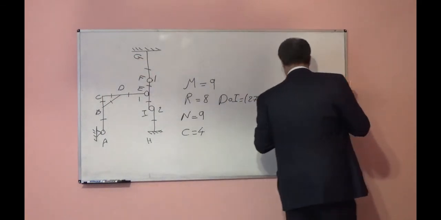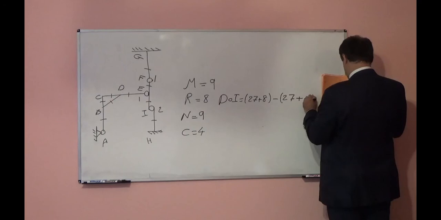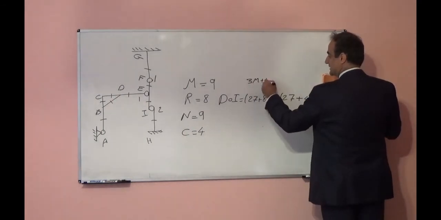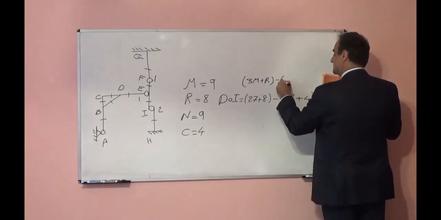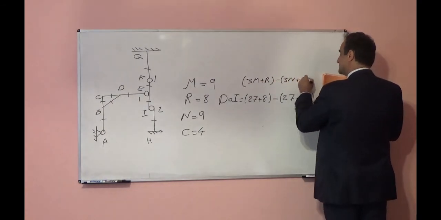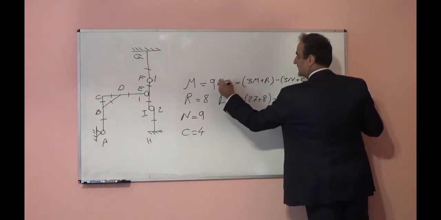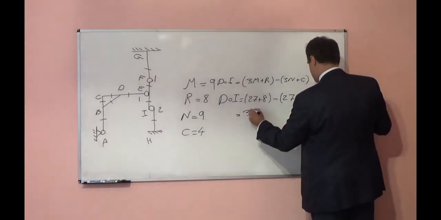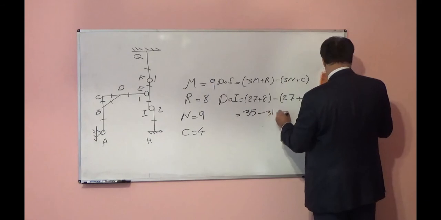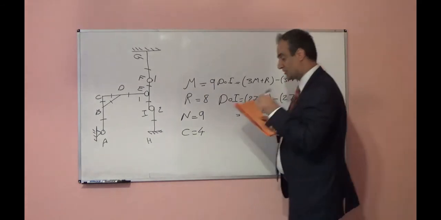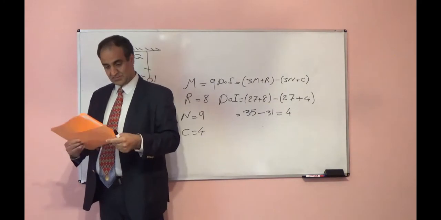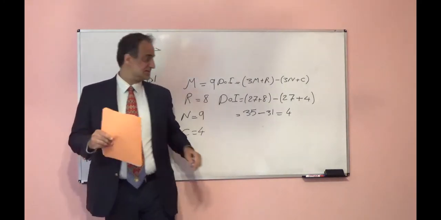So 27 plus 8 plus 4c. Formula: 3m plus r minus 3n plus c. From here, this will be 35 minus 31, it will be 4. Okay. Next example.